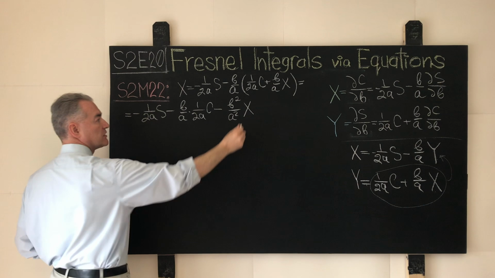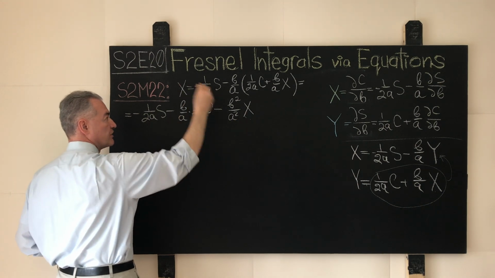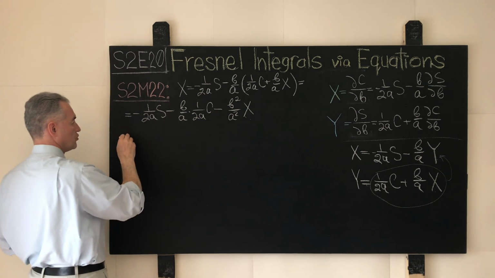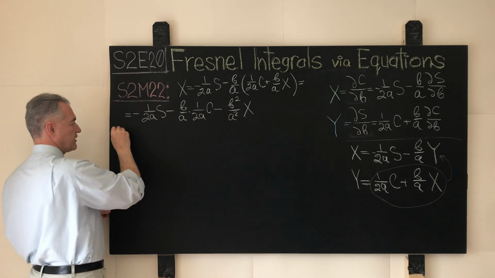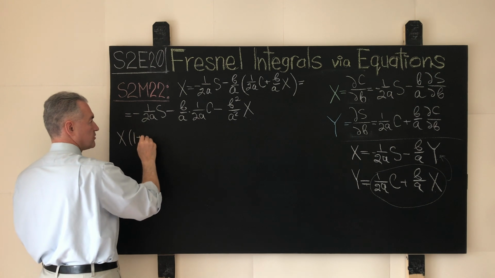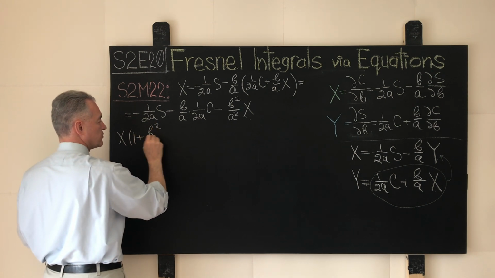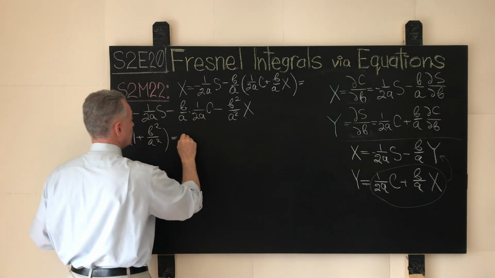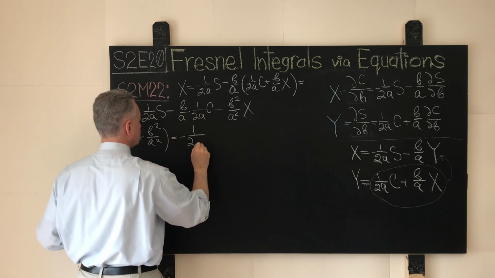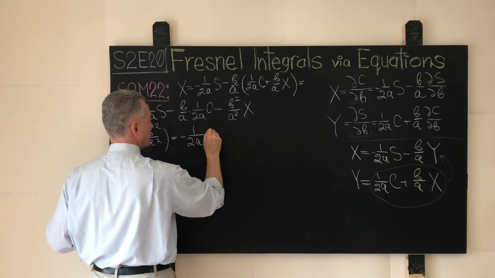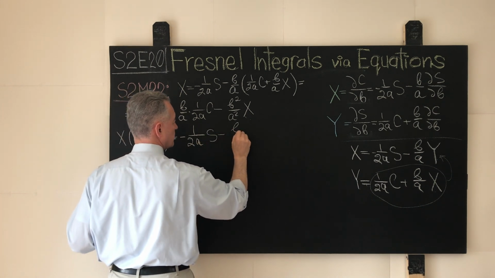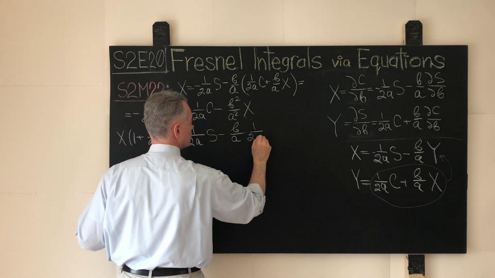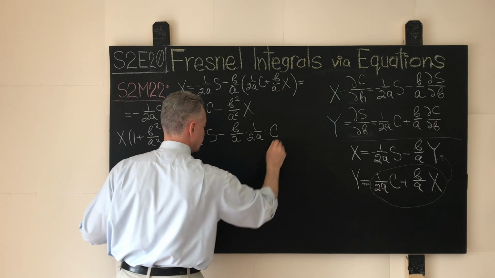What do we do now? We collect x's on the same side of the equal sign, so we carry this term over with the plus sign. So what do we have now? Here we have x times 1 plus b squared over a squared, and that is equal to negative 1 over 2a s minus b over a times 1 over 2a times c.